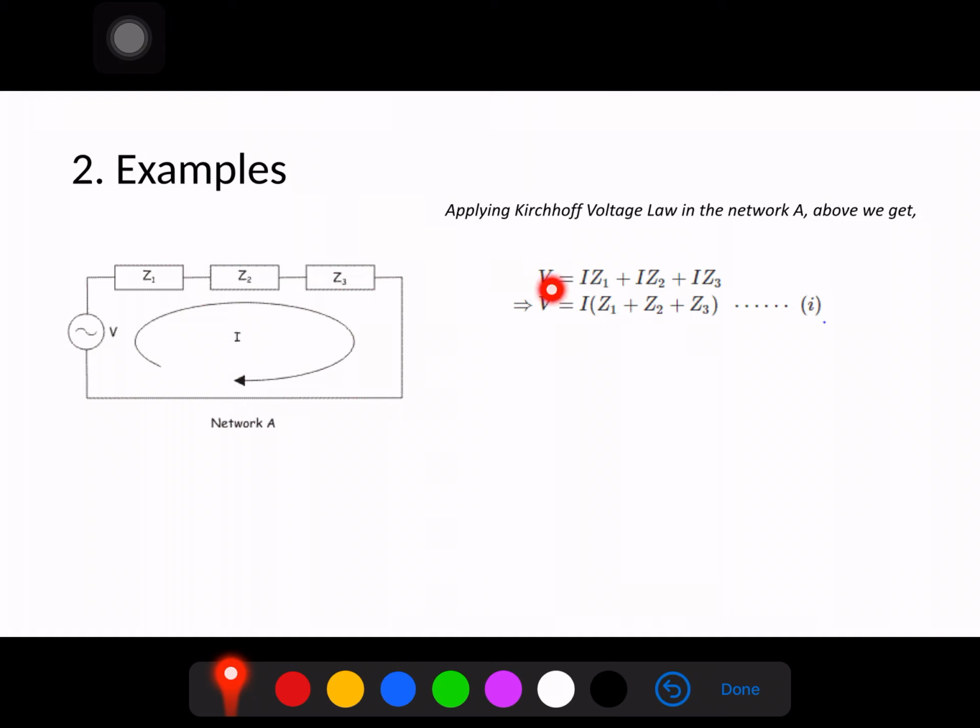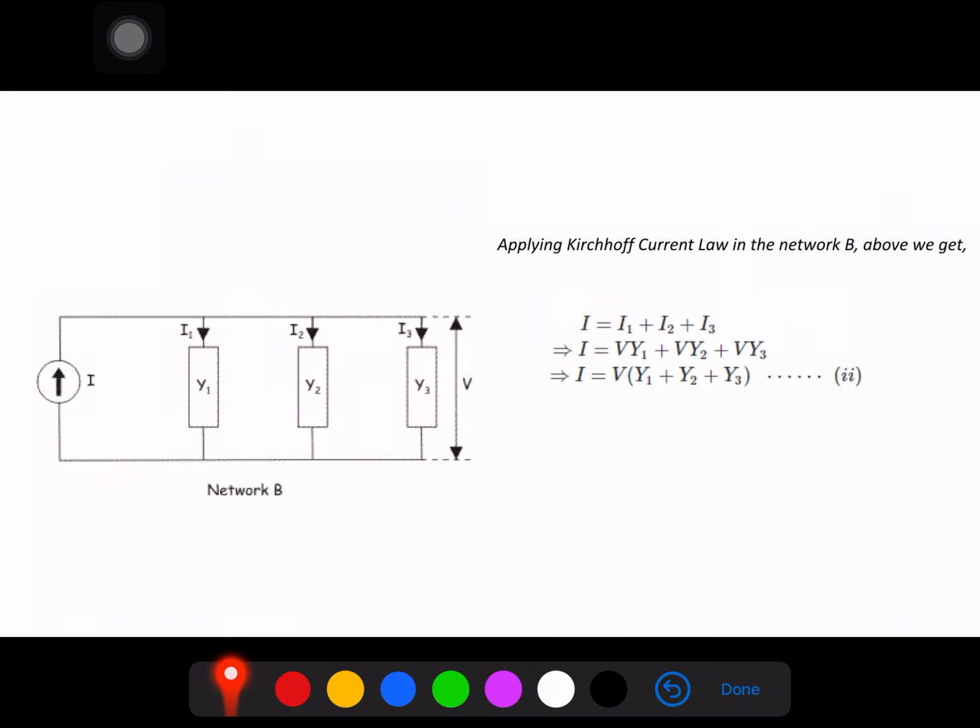Simply V, the potential difference, is equal to the algebraic sum of the potential differences across each element. So the potential difference across Z1 would be I Z1, similarly I Z2, I Z3. We add all and we get this equation. Very simple, right?